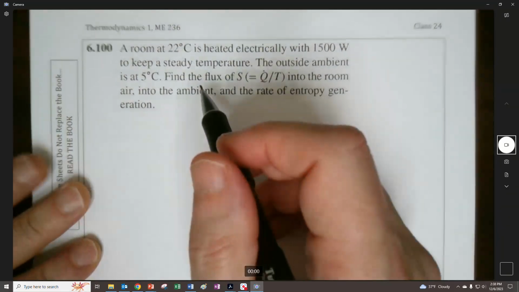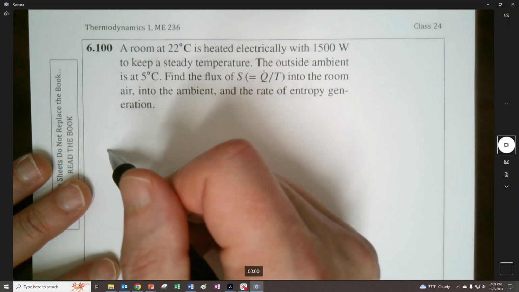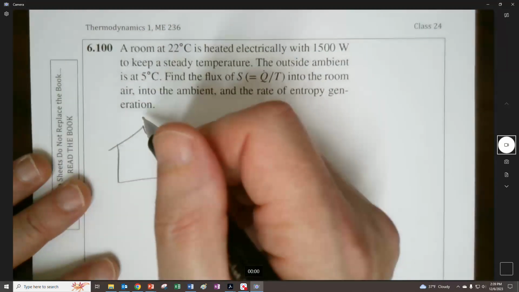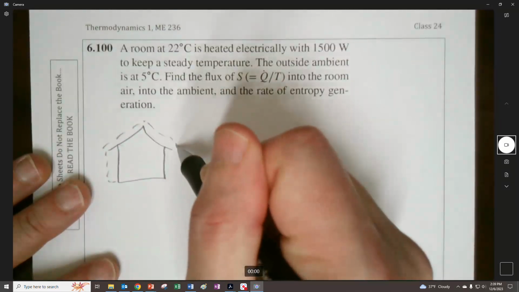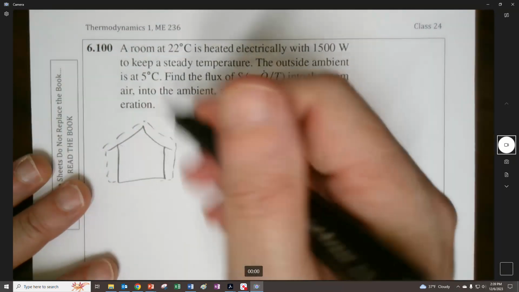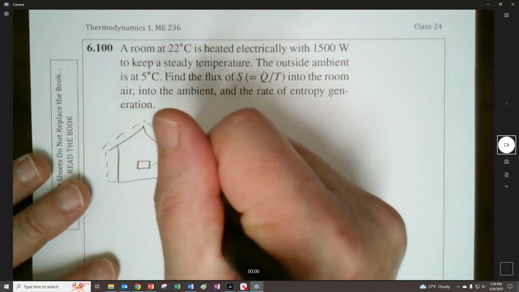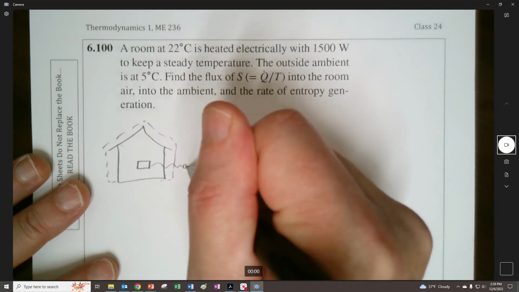If we want to make sure we're understanding what the process is, let's draw a little picture. We have a control volume drawn around the house, and we have an electrical heater. It has a plug, and I made it go outside for whatever reason.